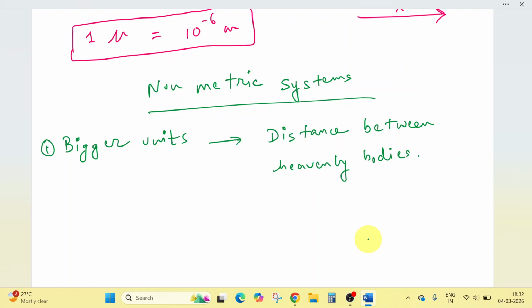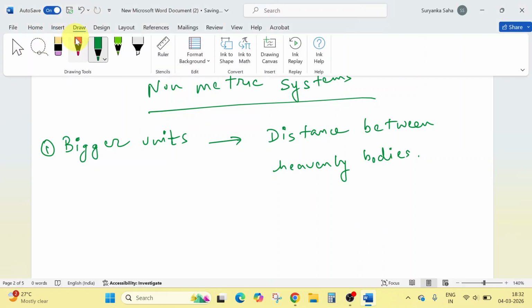Kilometer is one of the metric system units. Now if we express the distance between sun and earth in kilometer, it will be a huge number, suppose crores and crores of kilometers. So that will be very difficult. So for that purpose we use non-metric units like light minute, light year.